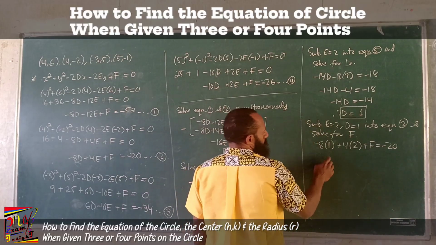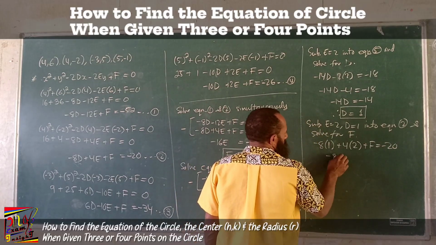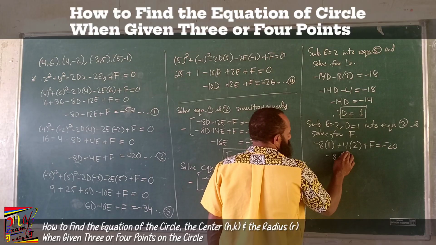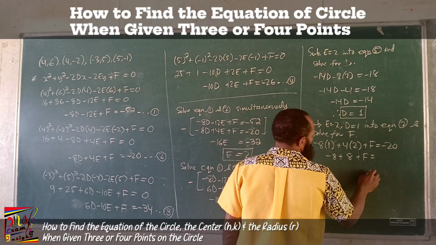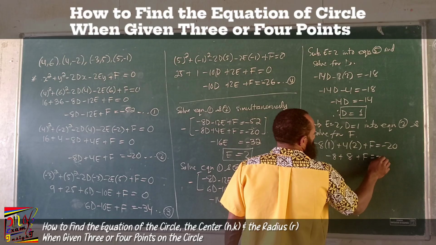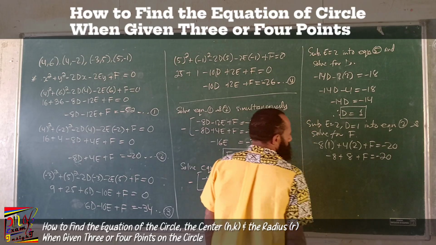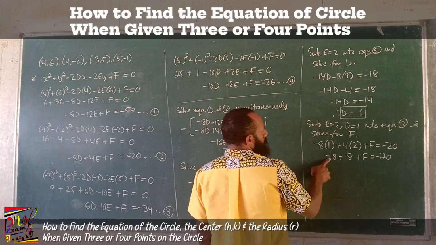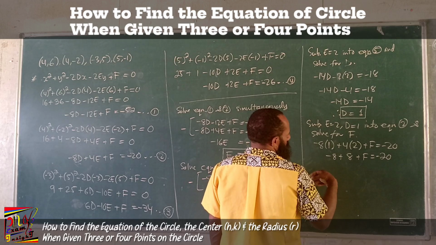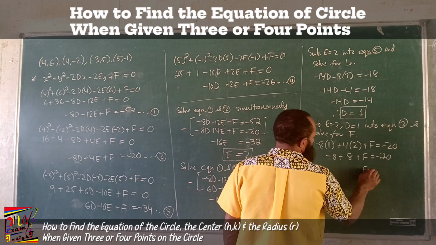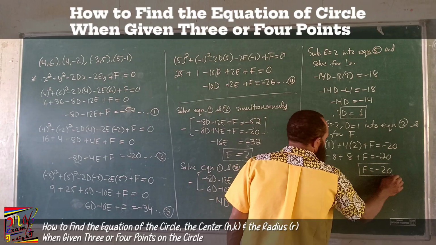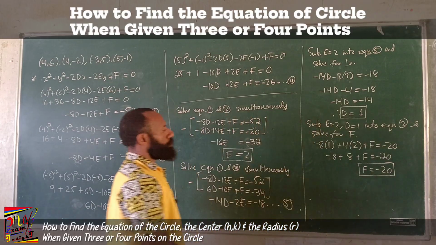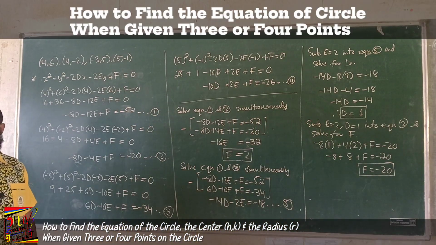So minus A times 1 is minus A, 4 times 2 is 8, F equals minus 20. Negative 8 plus 8 is 0. So F is equal to minus 20.